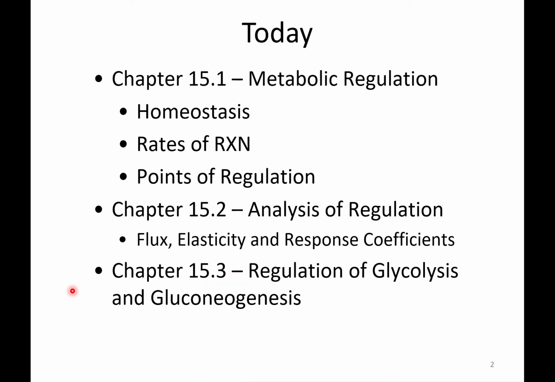So this lecture is going to cover chapter 15. The first two sections of chapter 15 are just some general overview of regulation. And then the third section is where we actually apply these concepts to glycolysis and gluconeogenesis.